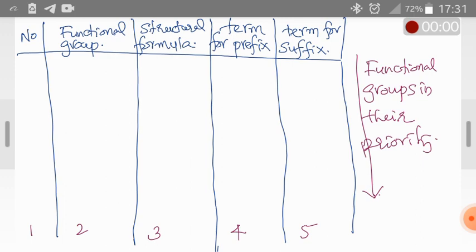For example, I am writing this just as an example, suppose number 4. The functional group, you have to write its name, alcohol. Alcohol means its structural formula is OH, and if it is a prefix, the term will be hydroxy.